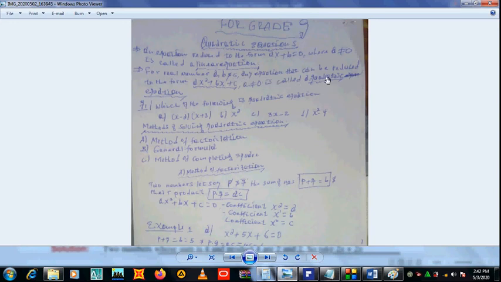Any equation that can be reduced to the form ax squared plus bx plus c equals 0, a different from 0, is called a quadratic equation. Question: which of the following is a quadratic equation?